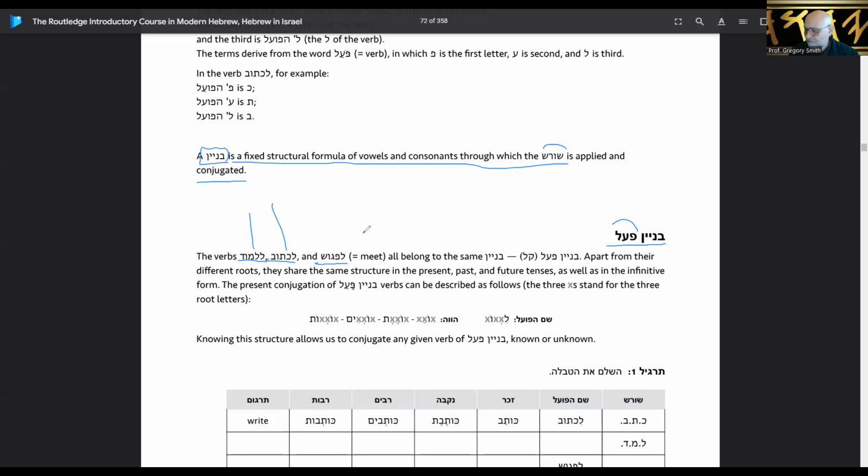Let's see what this one's pronounced like. Is it lifgesh? No, let's see. לפגוש. Lifgosh.